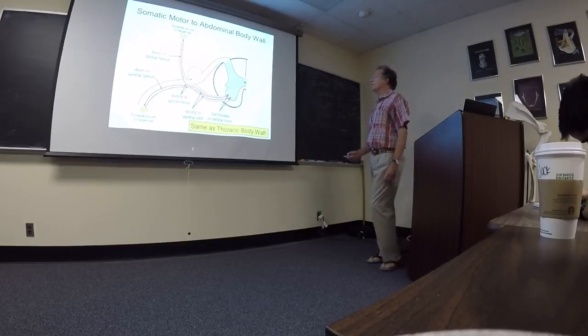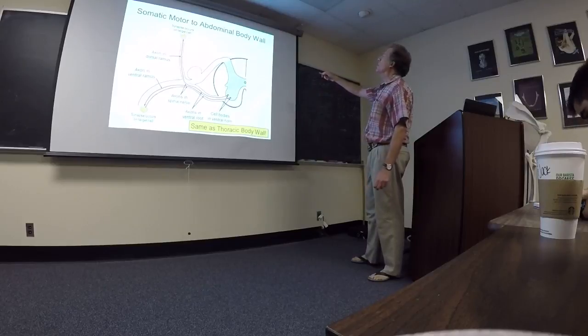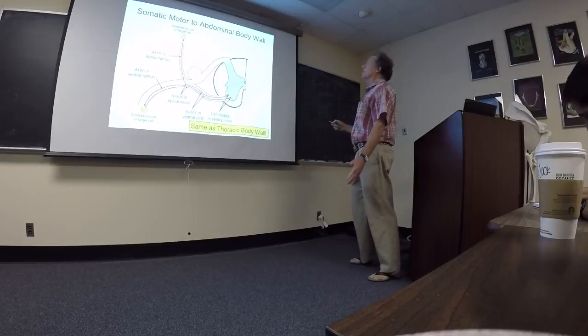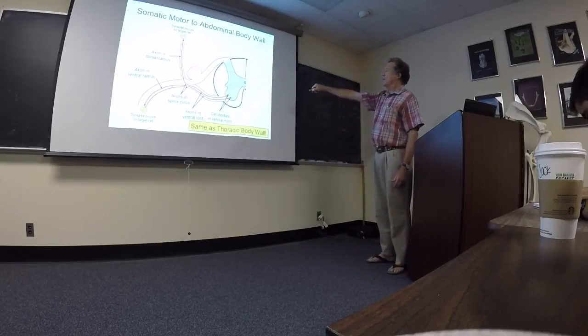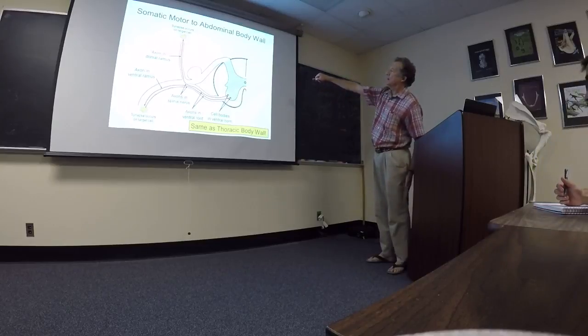So here's an example in the abdominal body wall, say, the external abdominal oblique. There are cell bodies here in this ventral horn.